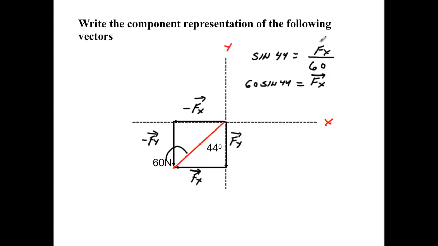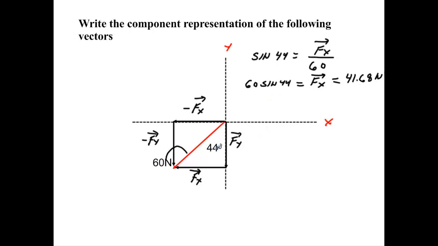And again, I should be more careful about those arrowheads. When we do that, we get the calculator, and make sure you've not changed the mode. Make sure your mode is in degrees. 60 times the sine of 44 is going to give me 41.68. And again, that's in newtons.